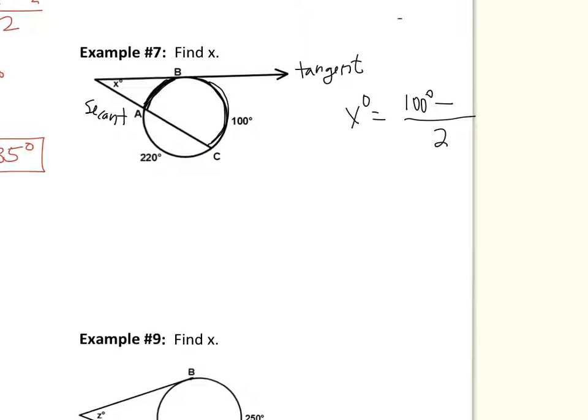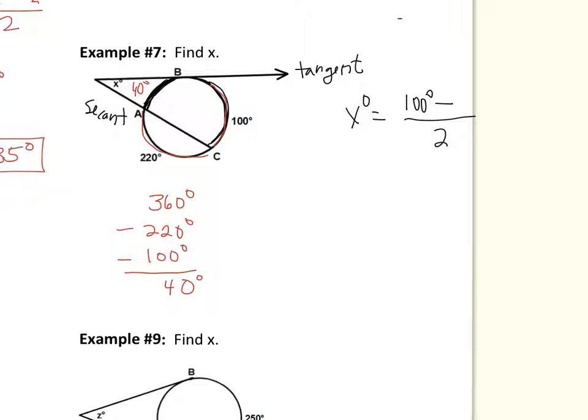Now, nothing complicated, because I know this arc is 220 and I know this is 300, and I know all the arcs in a circle must add to 360. So I'll just take 360 minus 220 minus 100 to get that missing arc. So that will give me 40 degrees. So this arc is 40.